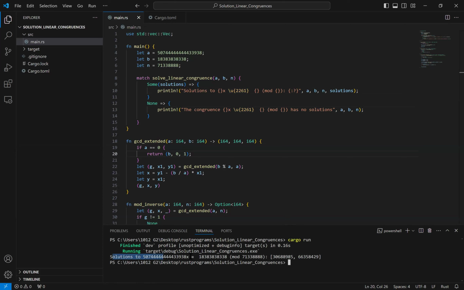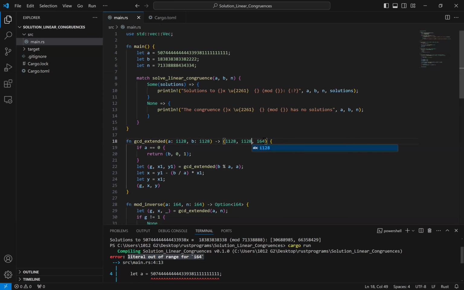I-128, 128. There's another one here to change.